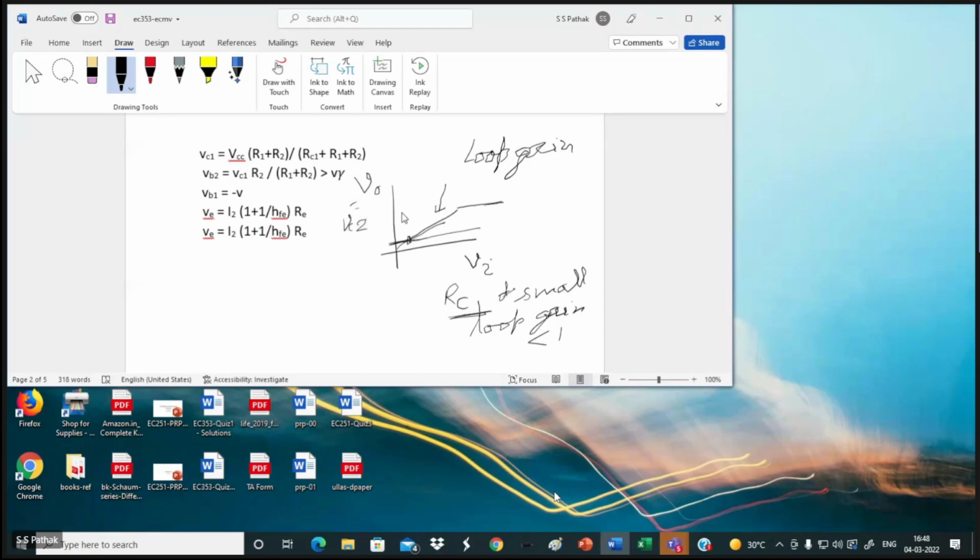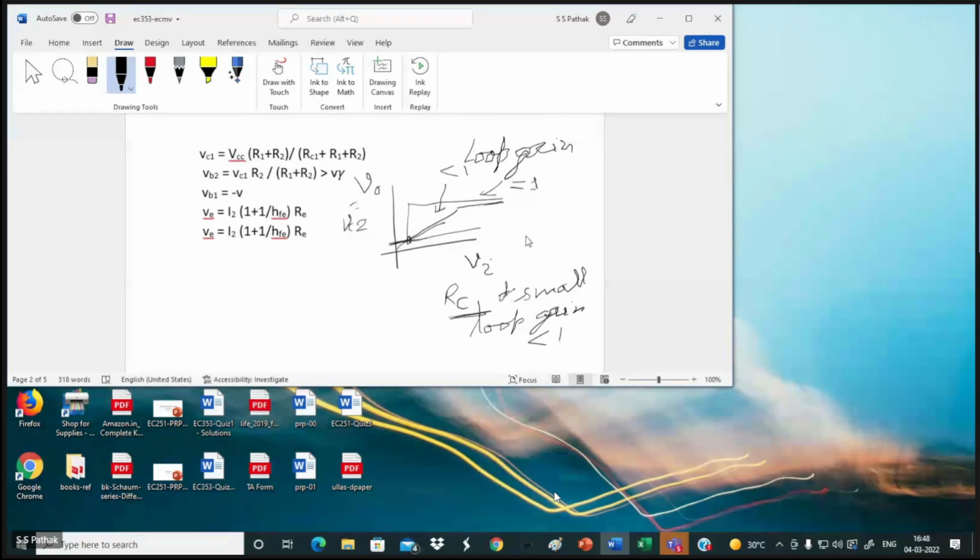When I make it 1, by increasing my RC1, I have made the loop gain 1. Then it will become something like that. It will not go like that, it will take a jump here. Here loop gain was smaller than 1. Here it becomes equal to 1.